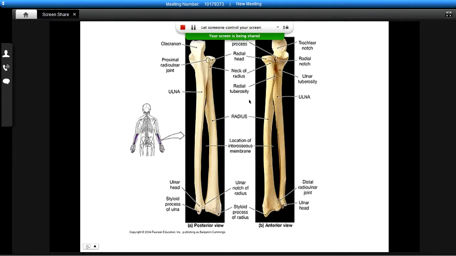This is the ulna and the radius. Notice the various landmarks on the ulna, the olecranon process, which is basically a C-shaped joint. You see the trochlear notch is a portion of the olecranon process. As you can see, the ulna bone is actually larger superiorly than it is inferiorly, where it gets smaller.